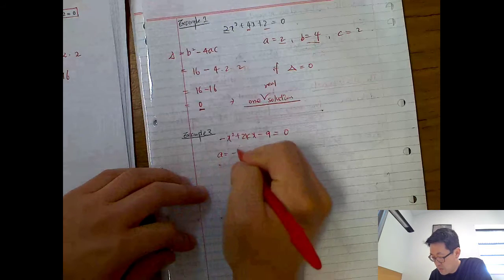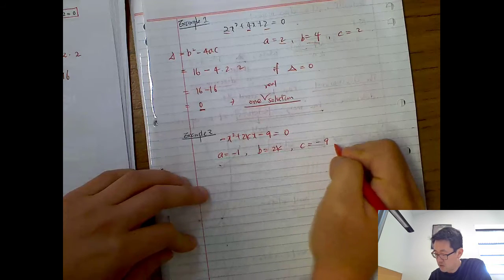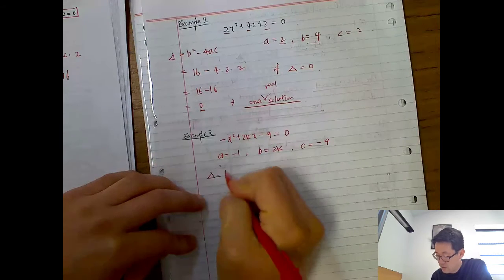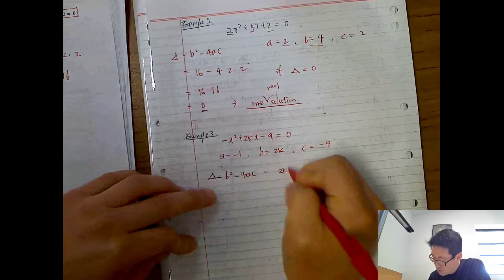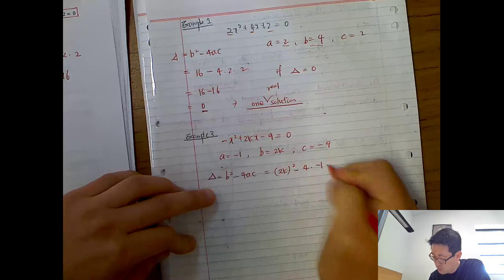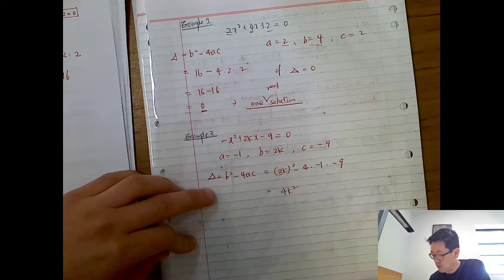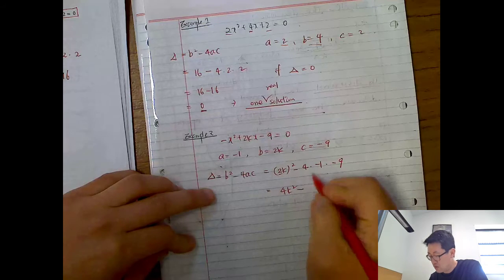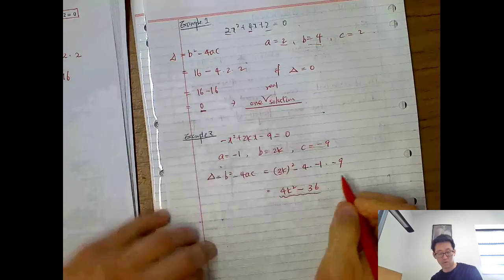Therefore, a equals minus 1, b equals 2k, c equals minus 9. All we need to get is the discriminant, which is b squared minus 4ac. What is b squared? (2k) squared minus 4 times a, minus 1, times c, minus 9. 4k squared, make sure you do that number as well. Minus minus plus, plus minus minus, 36. So that's the discriminant we have.